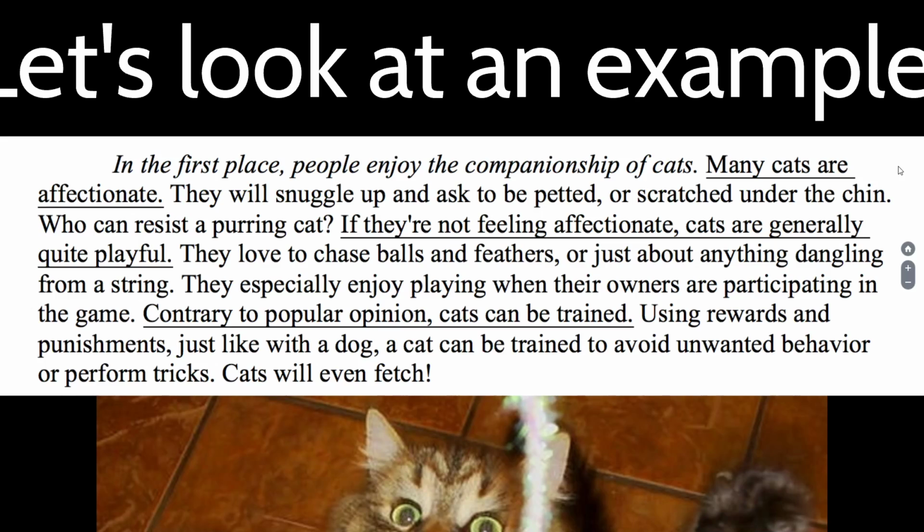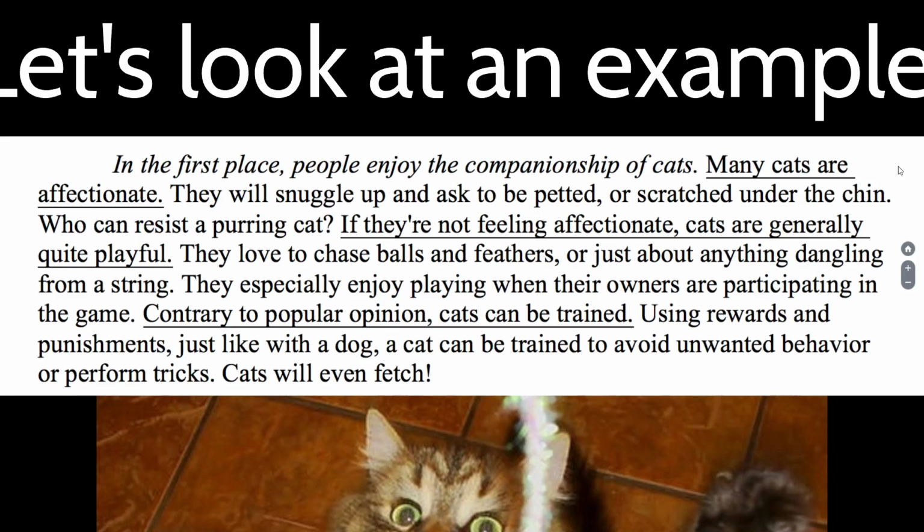If they're not feeling affectionate, cats are generally playful. We're sticking here with adjectives. The first supporting sentence used the adjective affectionate. It's very simple. Cats are affectionate. It says many cats are affectionate. Not all cats are affectionate. Some cats are not affectionate, but most cats are.